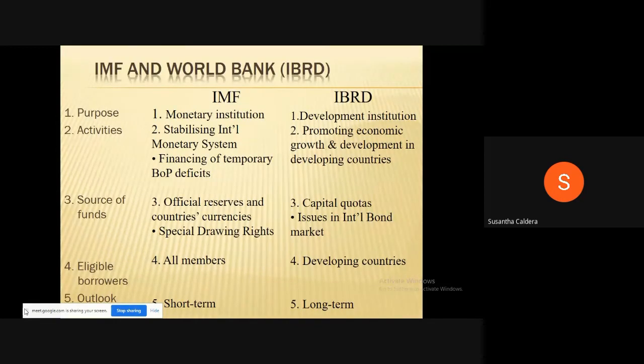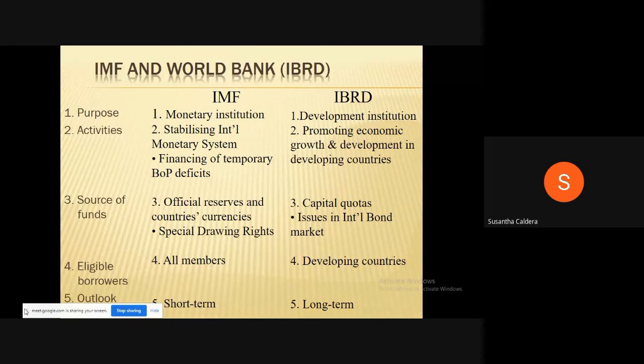IMF and World Bank, if you have a comparison. Purpose: the IMF is a monetary institution, the IBRD a development institution, right?